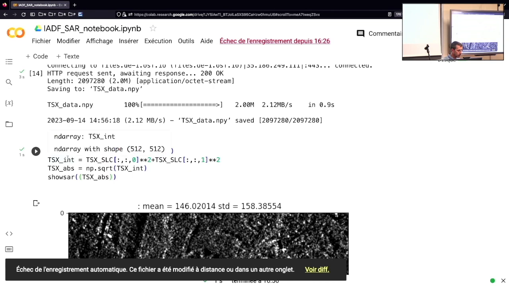I have created the intensity, which is the sum of the squared real part plus the squared imaginary part. And then I am visualizing the amplitude information, which is just the square root of the intensity.